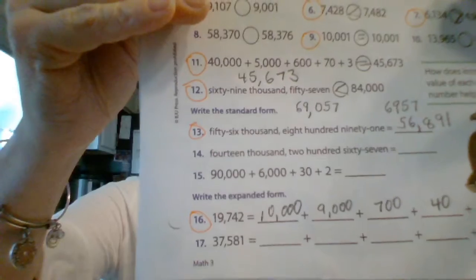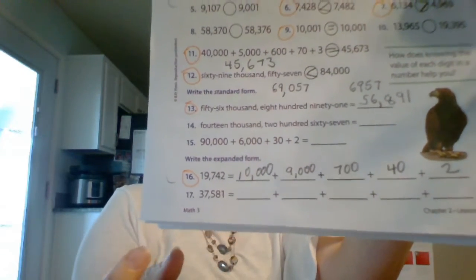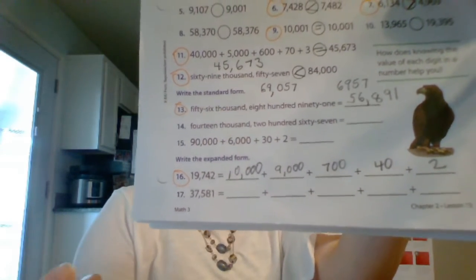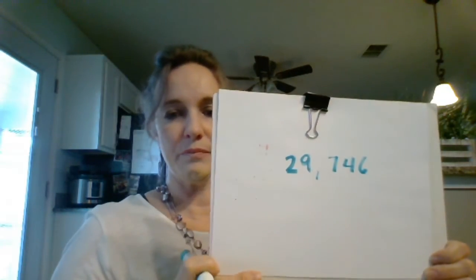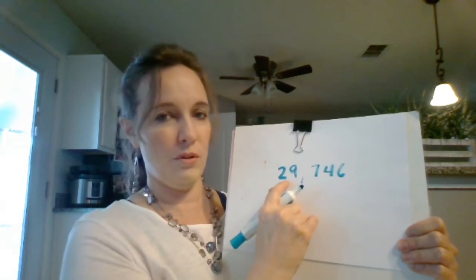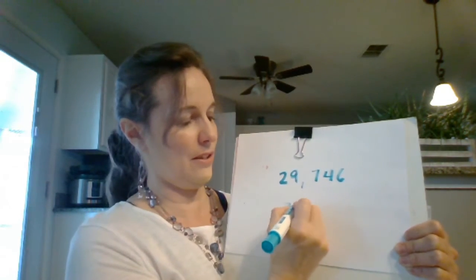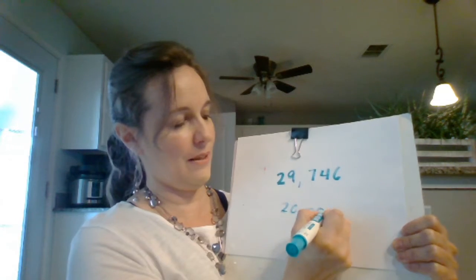Let's see if you did this one right. So it's 1 10,000. See, I have 10,000, 9,742. So if I had a number like this, I would have 2 10,000s. 2 10,000s are 20,000.